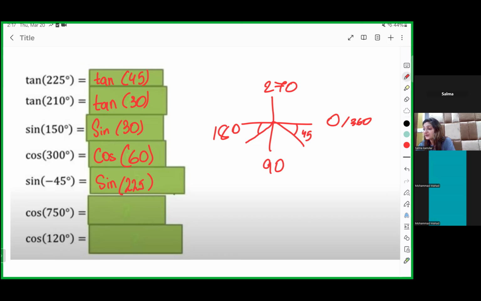This is 750, remember. We continued our unit circle like this to arrive at 750.